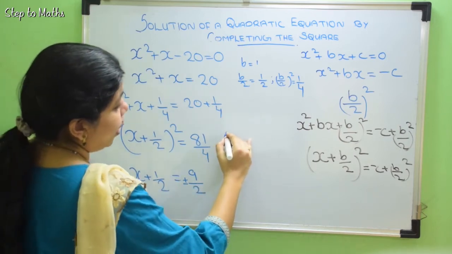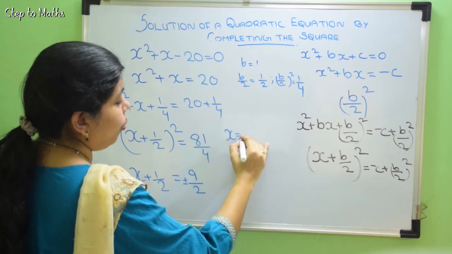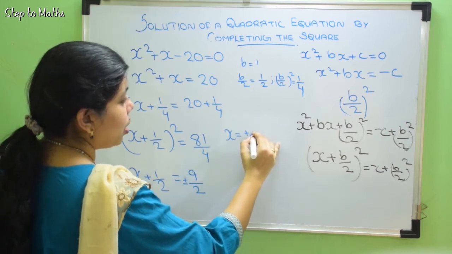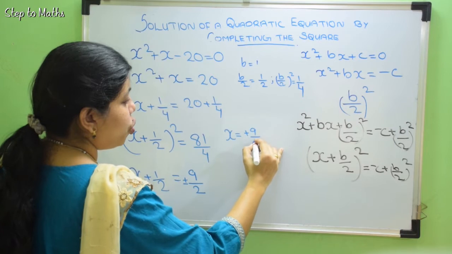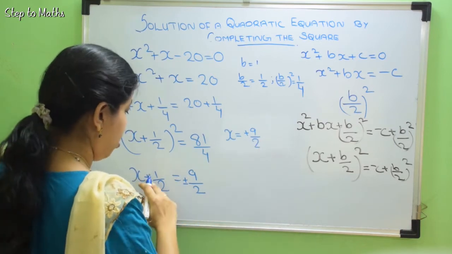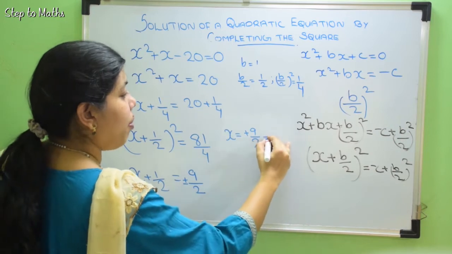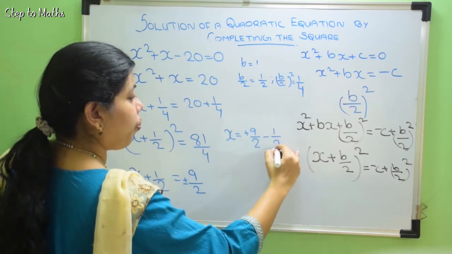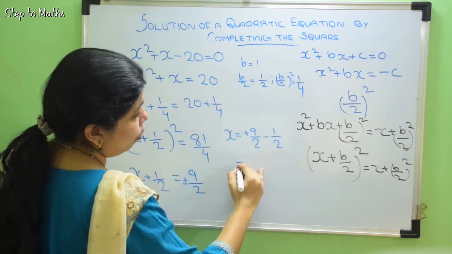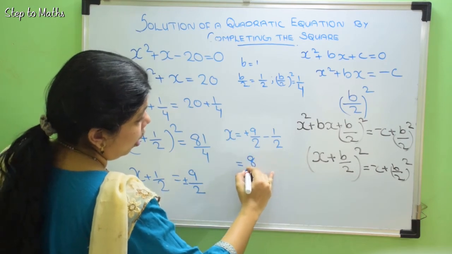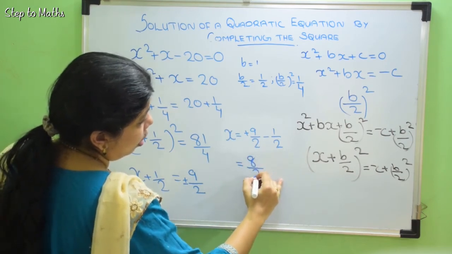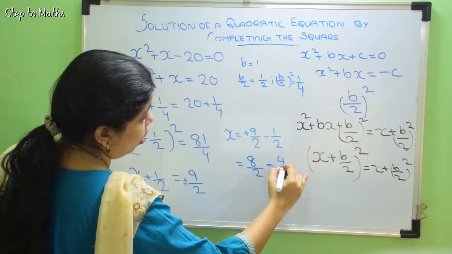Then what is the value of x? x is equal to plus 9 by 2, take 1 by 2 to the right side, that becomes minus 1 by 2, that is equal to 8 by 2, which is equal to 4.